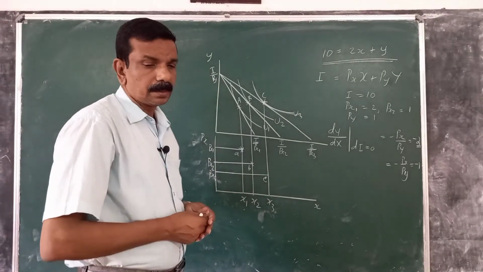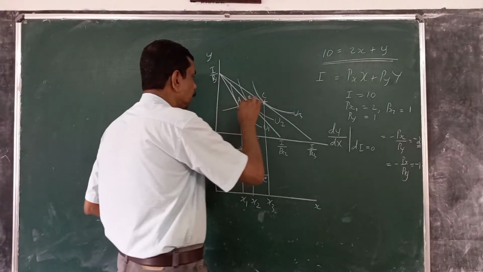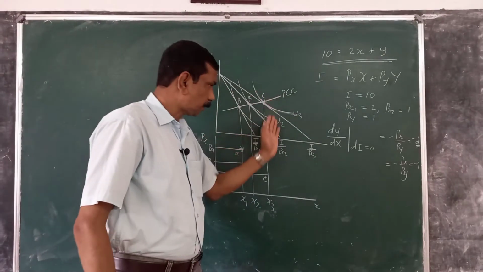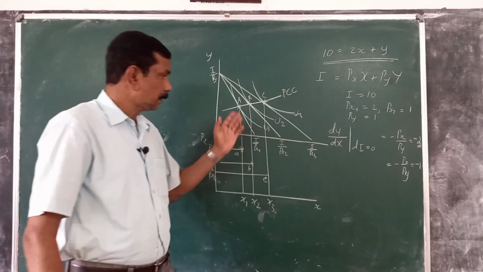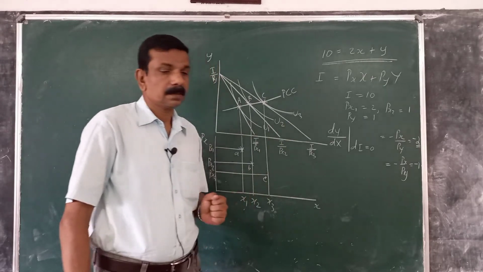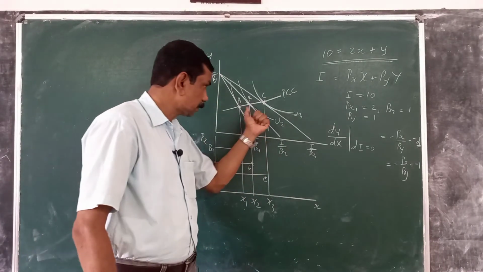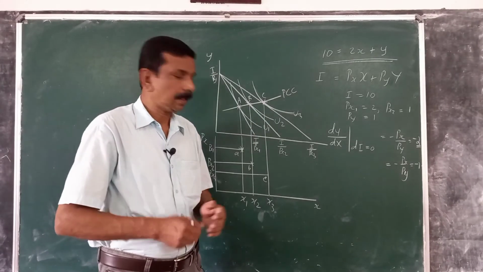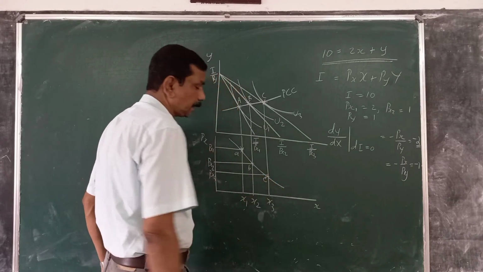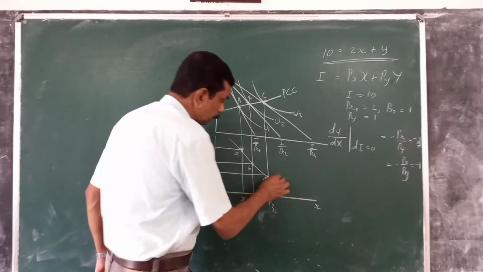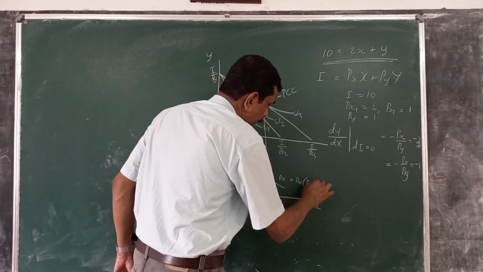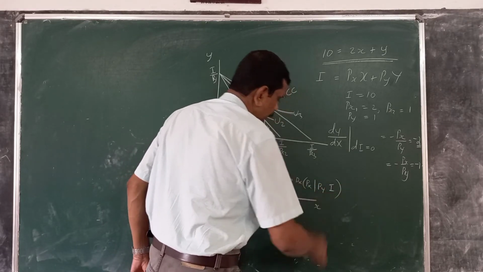Now if you join together these points, that is, the points of equilibrium or tangency between the budget line and the indifference curve, you will get what is known as the price consumption curve. And joining together A, B, C, you will get the demand curve, that is, dx is a function of Px, keeping Py and I constant.